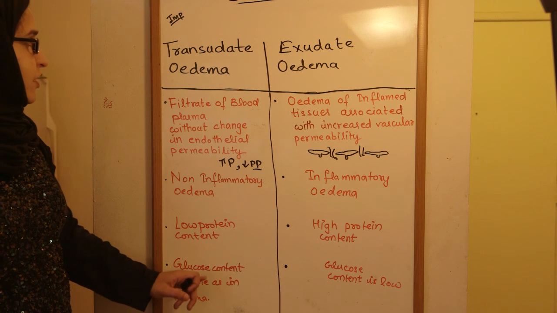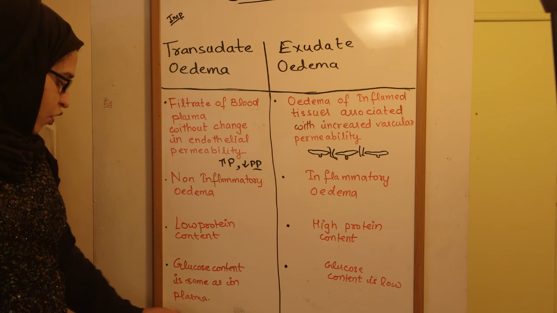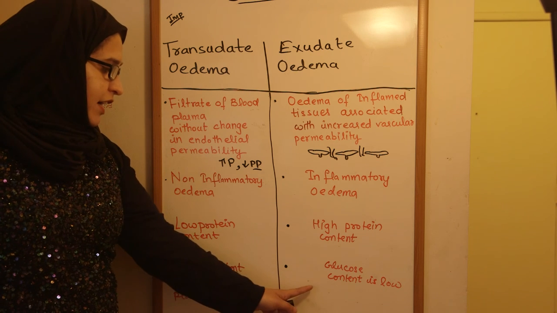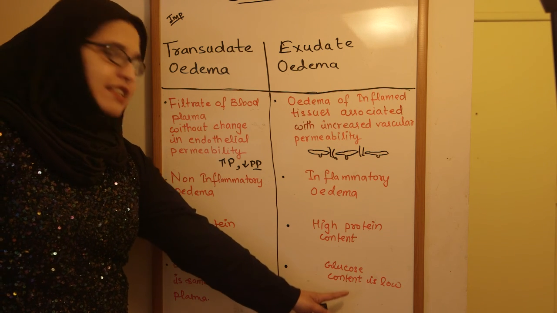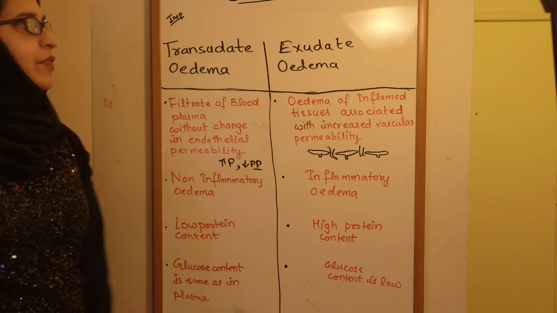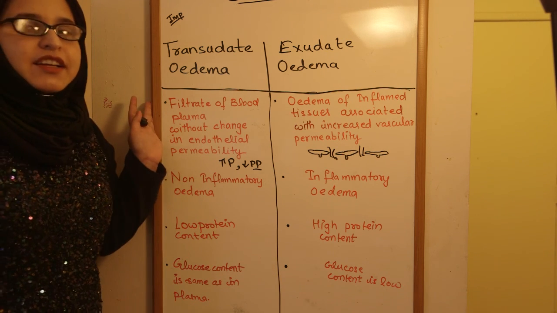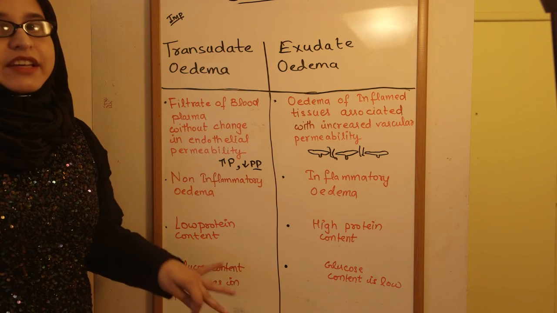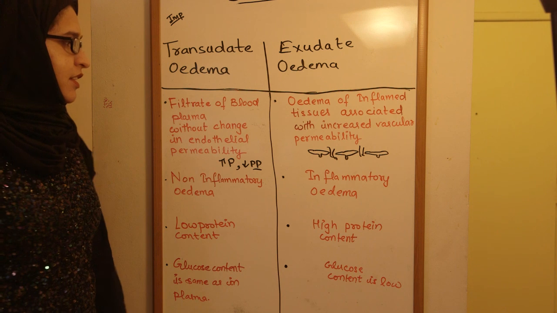In the transudate edema, the glucose content is same as in plasma, but in case of exudate edema, the glucose content is low, that is less than 60 mg per dl. I hope you have understood it, and if you write this all in examination, you can get really good marks.